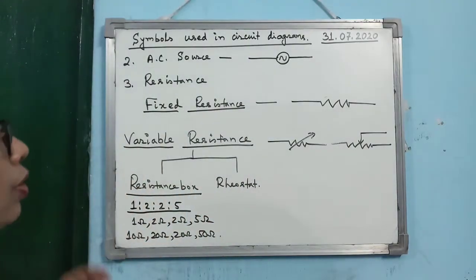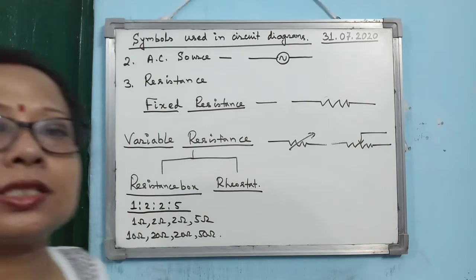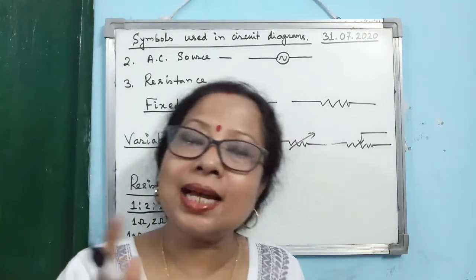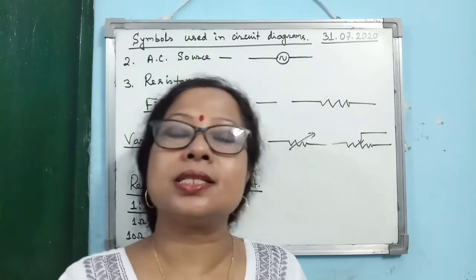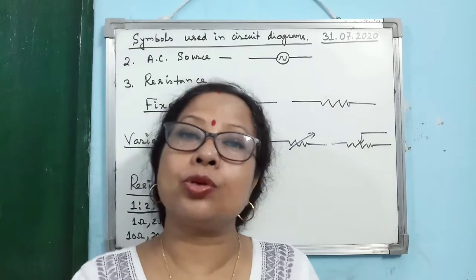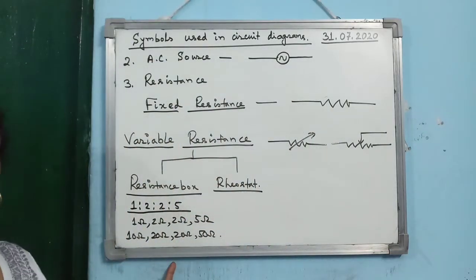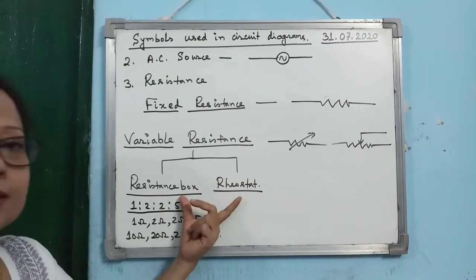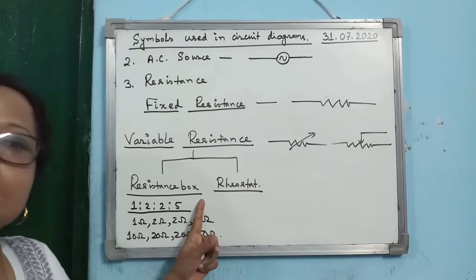Alright. Now, a rheostat is also a variable resistance, but with a rheostat, one can increase or decrease the resistance included within the circuit, but you cannot say how much resistance you are including, just like the resistance box. Okay, so this is the main difference between a rheostat and the resistance box.